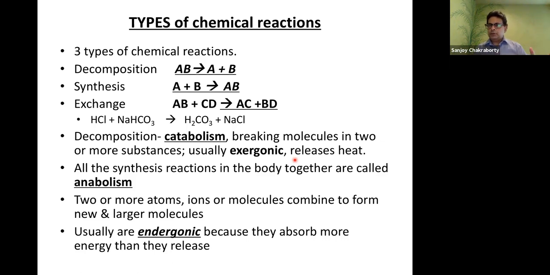And anabolic is when you put them together, making something new, and generally they take up energy, called endergonic, because they take more energy. So metabolism is the sum of all the reactions together, divided into 2 halves: catabolic reaction and anabolic reaction. And that is it.